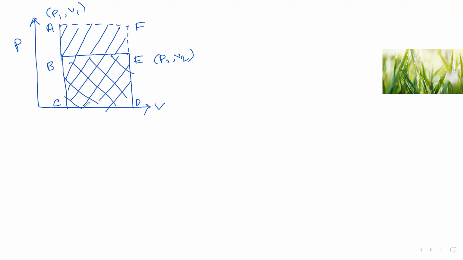Okay, so here W1 is equal to P2 into V2 minus V1, the work done in the forward process, and this is denoted by the area of BCDEB, this one.